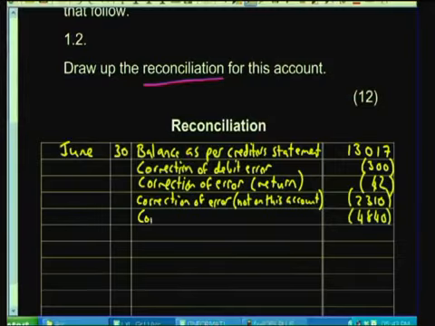So to fix that, we first have to subtract the wrong 2,420 that they've added, and then we have to subtract a further 2,420 to account for the fact that we've paid them. So the full amount should be 4,840, and we can write an entry such as a correction of error on wrong side.